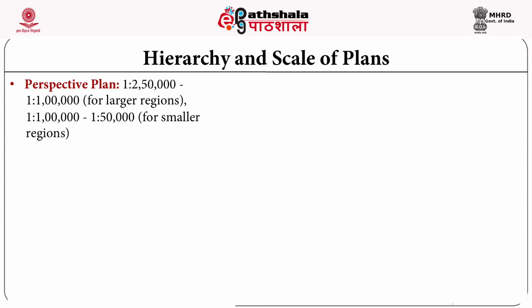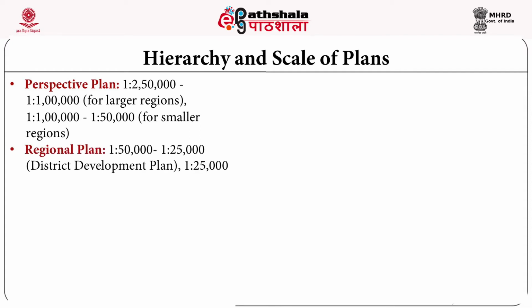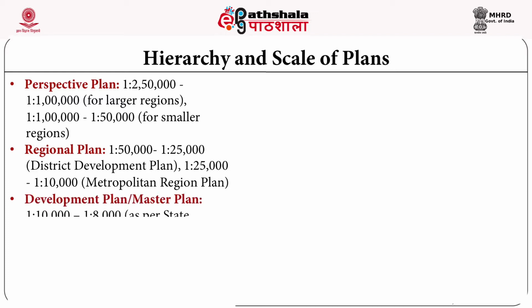And regional plan, we have the district development plan worked out at 1:50,000 to 1:25,000, and metropolitan regional plan is worked out at 1:25,000 to 1:10,000, and the development plan or the master plan is worked out at 1:10,000 to 1:8,000 as per the state provisions.